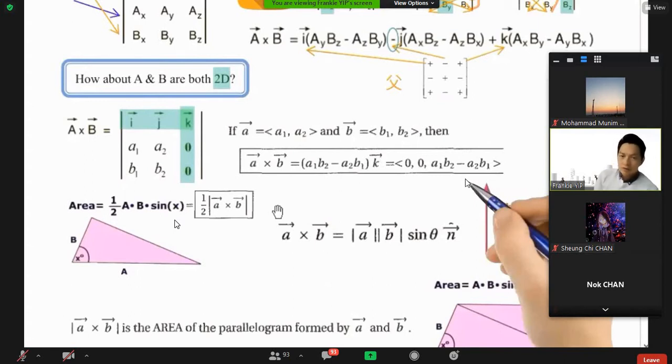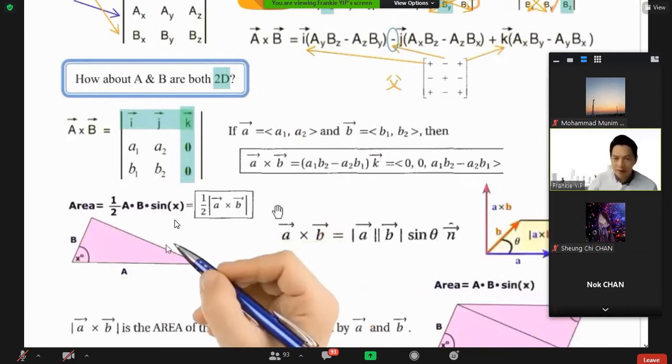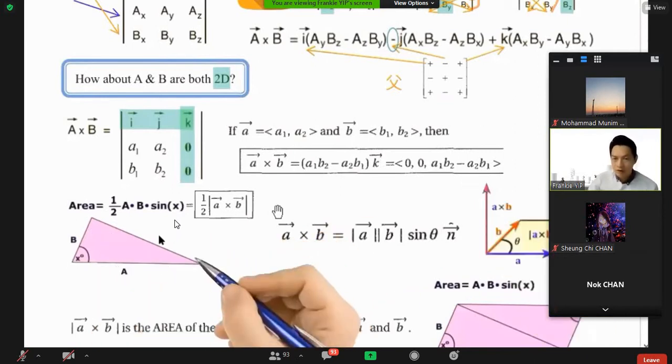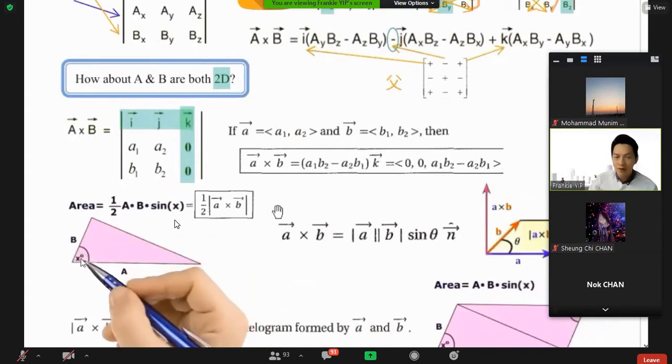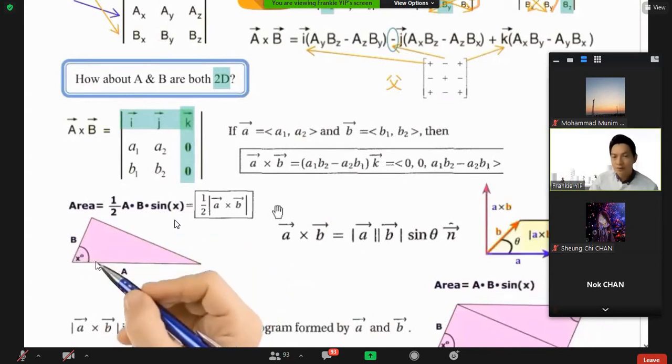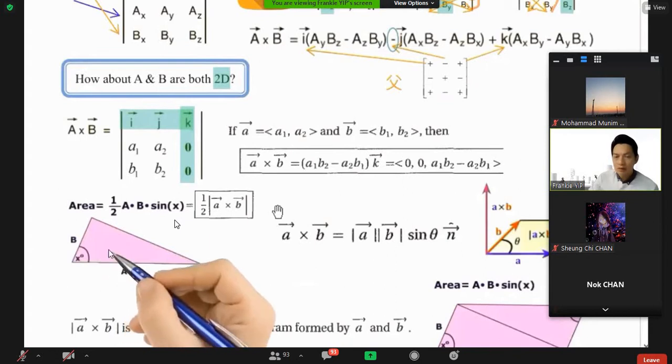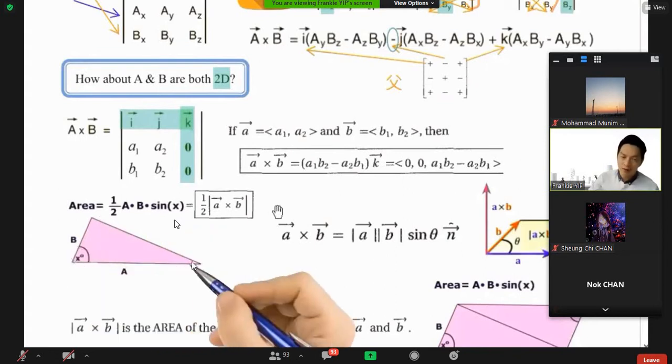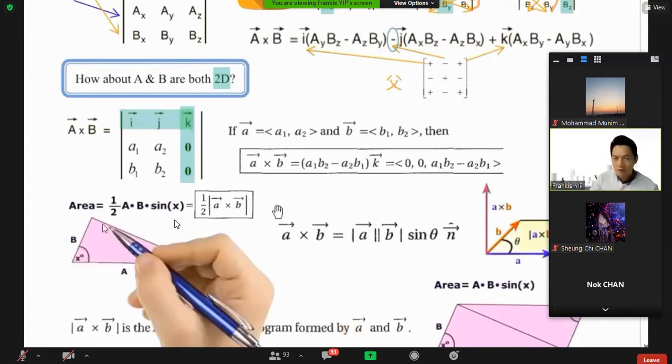Okay, so what is the usage for this? We usually use this to calculate the area of a triangle if we do have the angle. How can we find the area of a triangle?